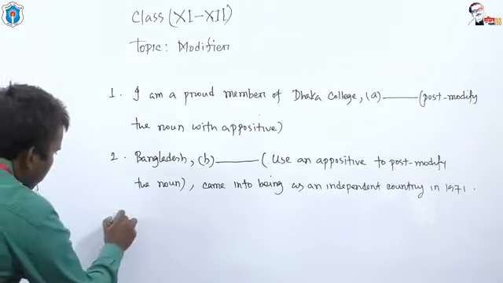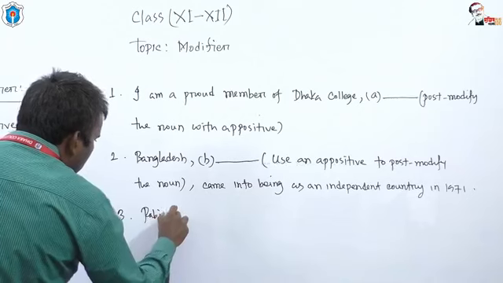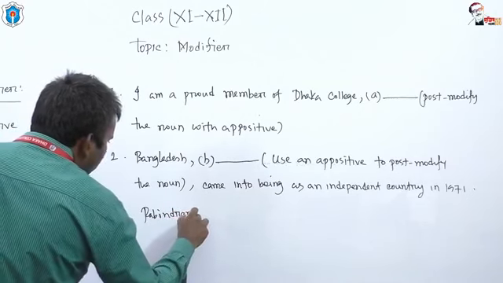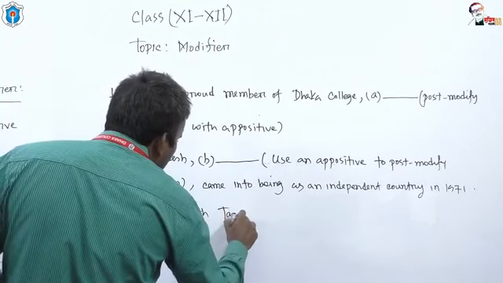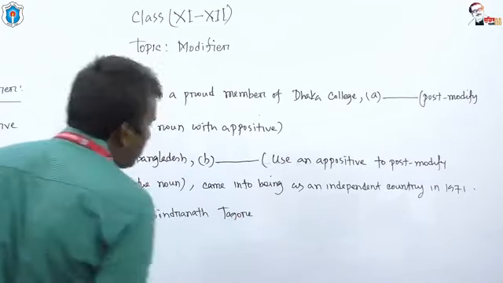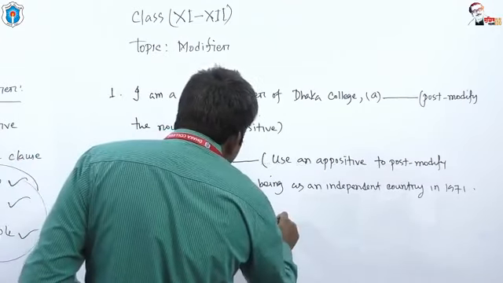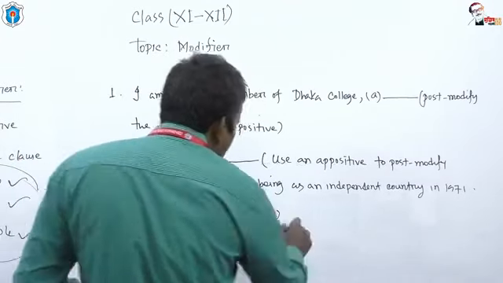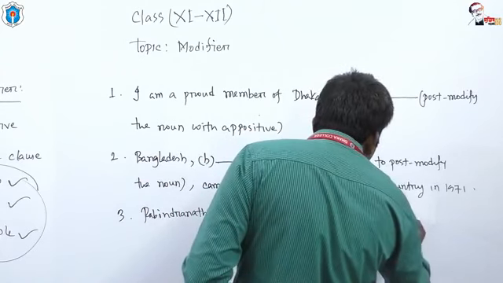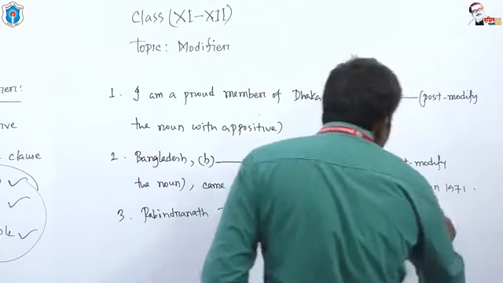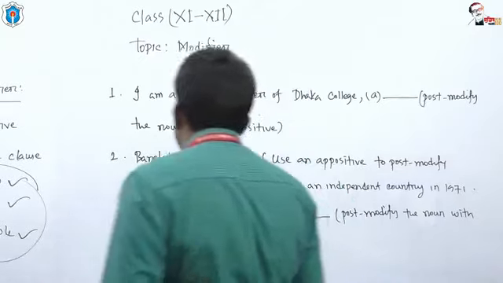Example number 3. Rabindranath Tagore, comma, started writing poetry from childhood.